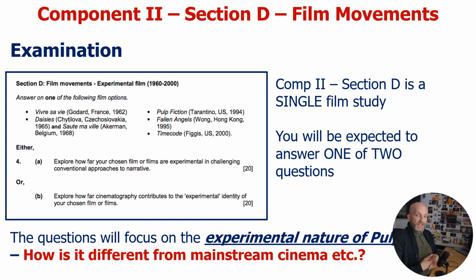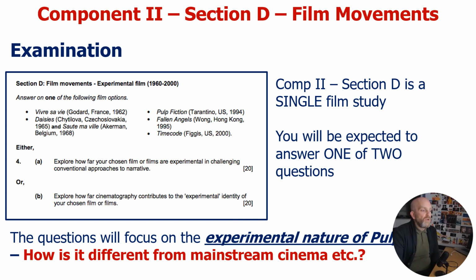So as I explained in the last video, this is a bit of a synoptic module. So you need to demonstrate your knowledge and understanding of how Tarantino rejects, subverts, challenges, experiments with all of the narrative devices that you've learnt about and studied and written about on the previous films, specifically for Component 1, Section C, British cinema.